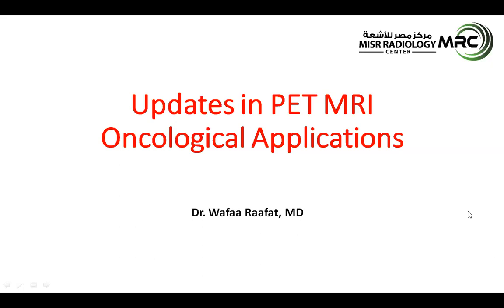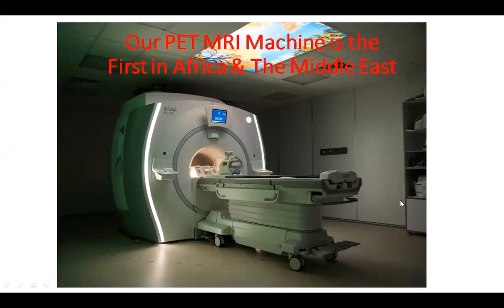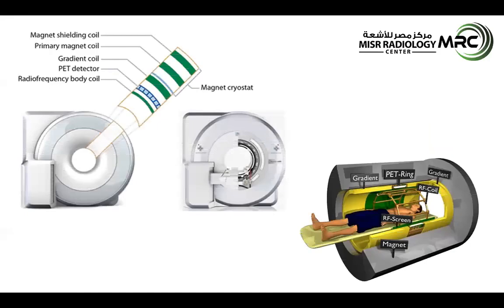So as regards the updates in PET MRI oncological applications, as you all know, we have the first PET MRI machine in Africa and the Middle East, and we are so proud of this. Simply, the PET MRI is a hybrid imaging technique where the PET detector is embraced within the MRI machine.